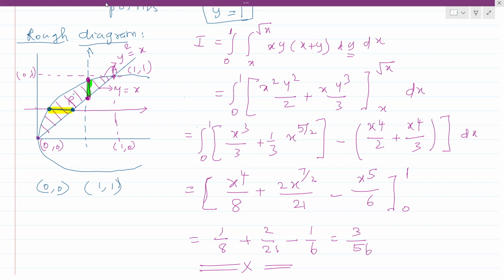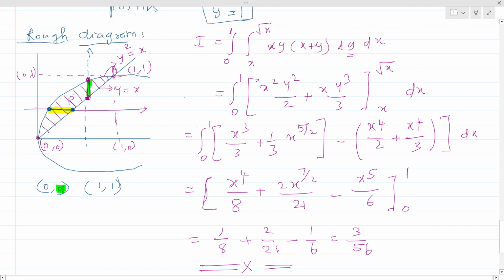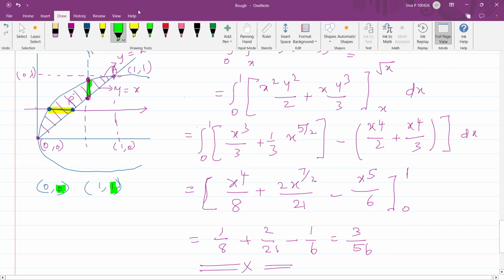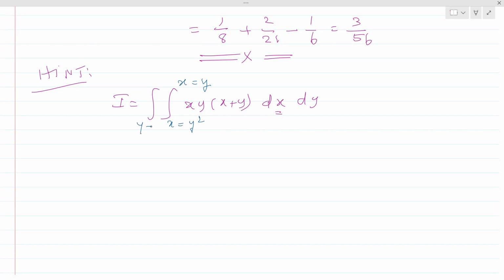You are going to write the limits for y, is it not? So what are the y limits here? 0 and 1. So simply we can write 0 and 1 here, y equal to 0 to y equal to 1. Okay, and then you have to evaluate.